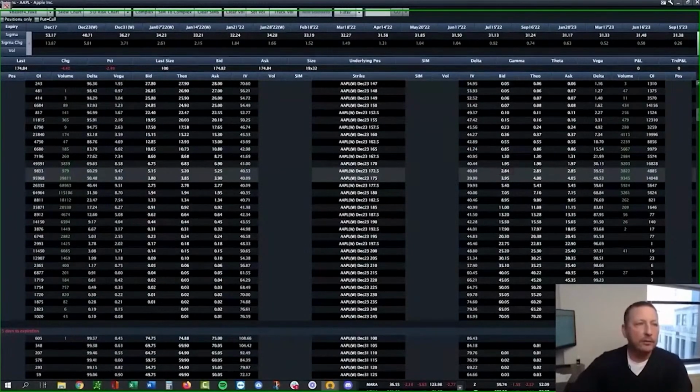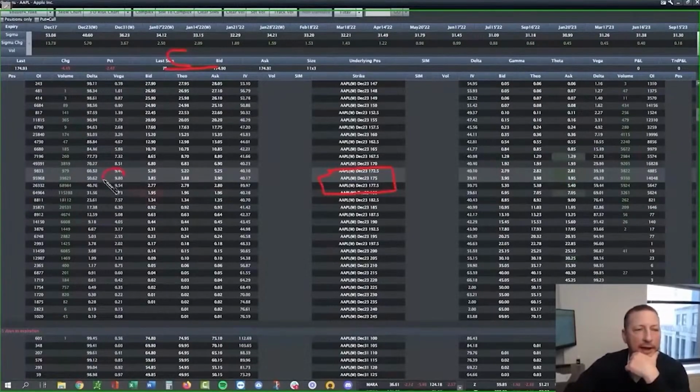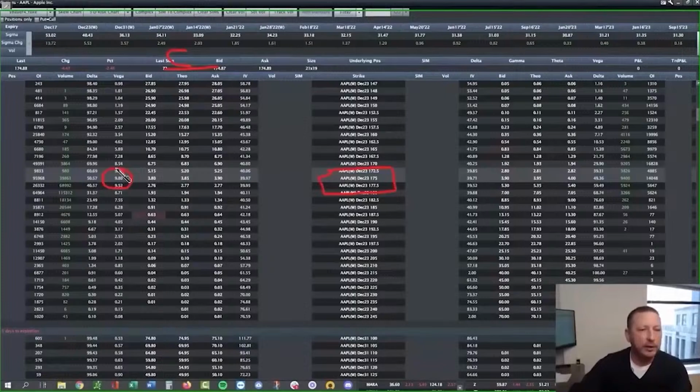Let's go back here. And we're going to focus in on these 175 calls right now. The 175 call, again, has a vega of almost 10 cents. Again, that means that for every 1 point the implied volatility changes, the value of that option is going to change 10 cents. So let's look at this example on the screen.